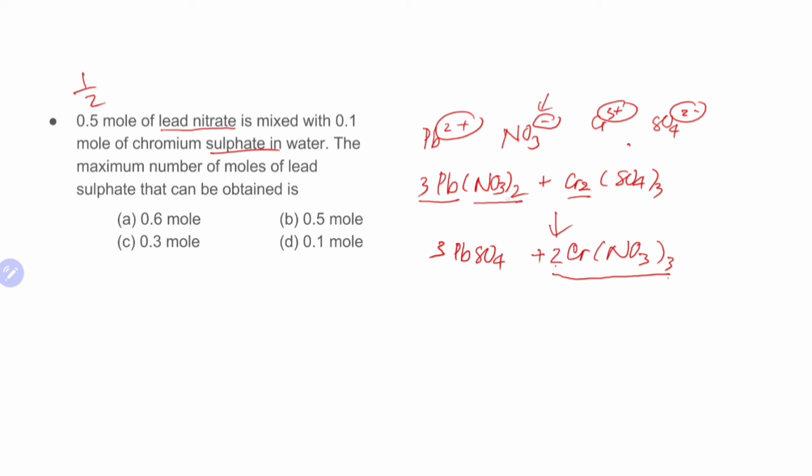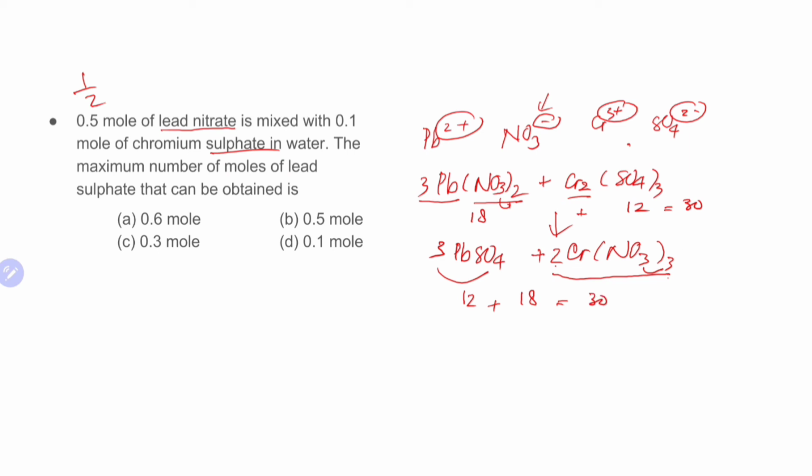The number of oxygen is 6 times 3, 18, plus oxygen here 12. So the number of oxygen is 30 on the left hand side of the equation. And then on the right hand side you have 12 plus 9 times 2, 18. So the number of oxygen is 30.